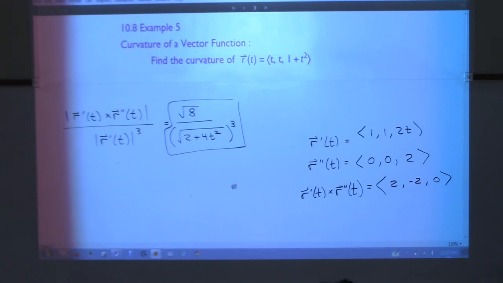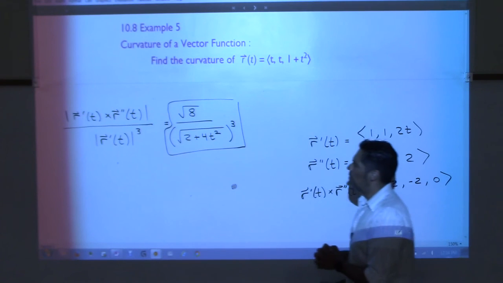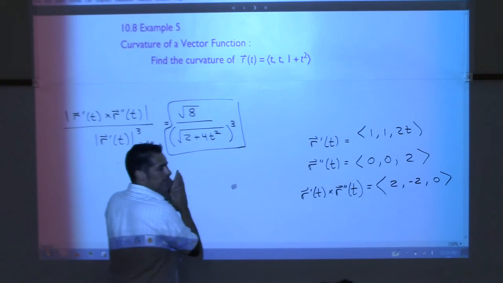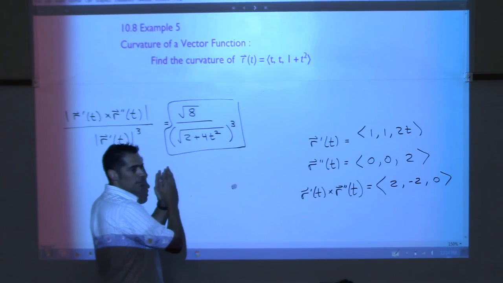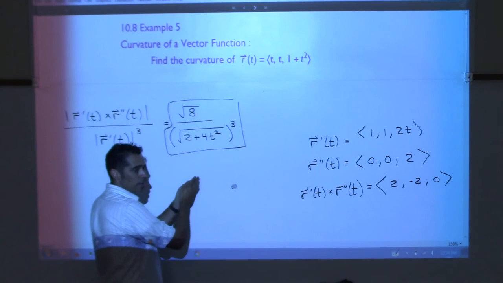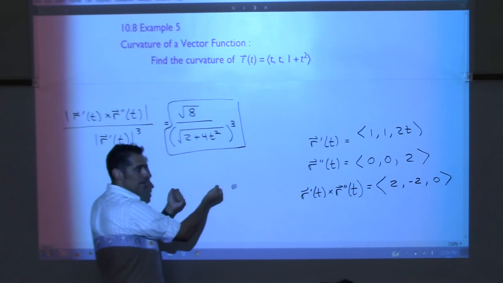Okay? So are we going to start getting into the curvature of a vector function as a function? And look at that as a function? Yeah, because it changes in relation to time. Yeah, but this would be more like your standard function from regular old algebra and calculus. This is a function of one variable. It takes in a number, it spits out a number.